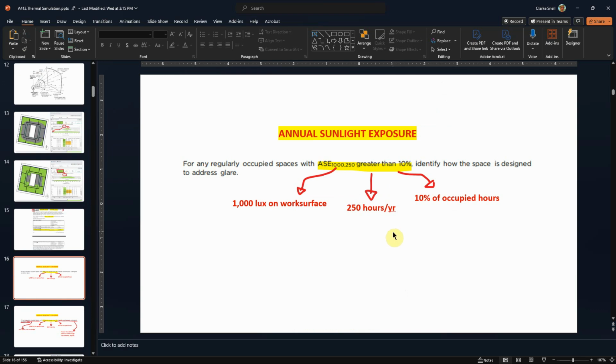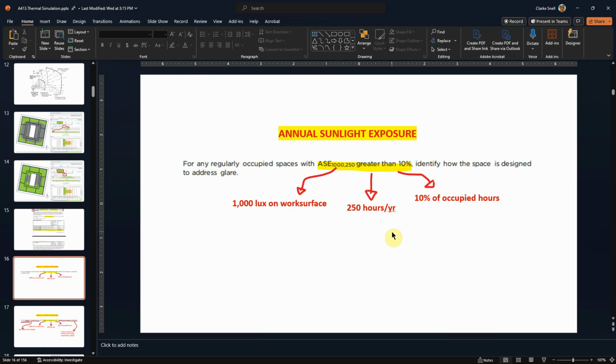Then there's annual sunlight exposure, a typical weird naming convention. Spatial daylight autonomy is for whether there is enough, and annual sunlight exposure is for whether there is too much. I don't know, they don't seem related, but they are.